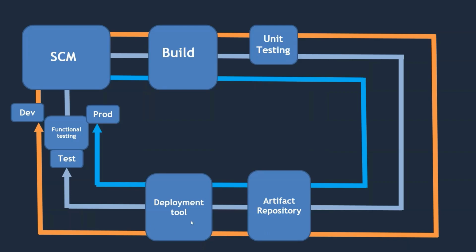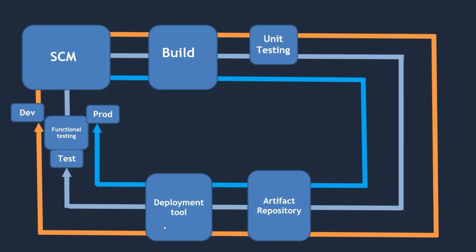To do this, instead of adding to our same job, we will create a separate job. In the separate job, the deployment tool takes the artifact from the repository and deploys into the dev environment. Now we don't execute this job manually.